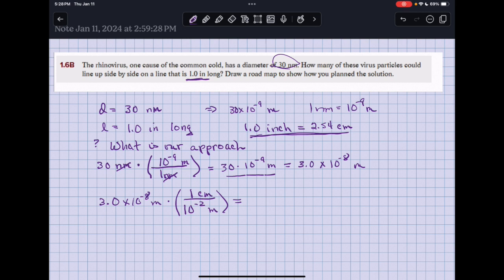So in any event, what you should get when you do this is 3.0 times 10 to the minus 6 centimeters. All right, that's what we're going to end up with. So now I know that my diameter is 3.0 times 10 to the minus 6 centimeters.